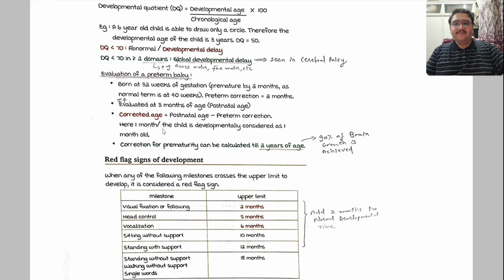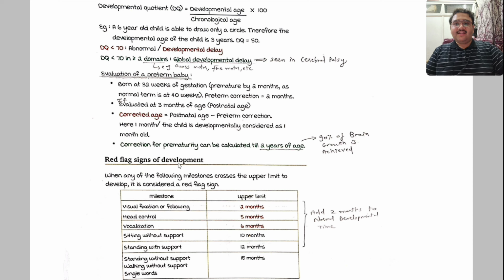So here the child is developmentally considered to be 1 month old and not 3 months. Correction for prematurity can be calculated till 2 years of age. At 2 years, 90% of brain growth is achieved, so correction can only be done till 2 years of age.